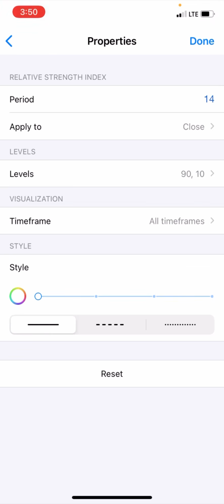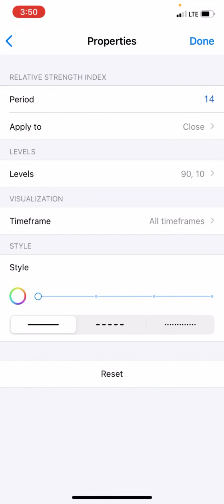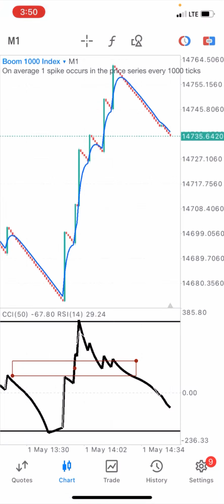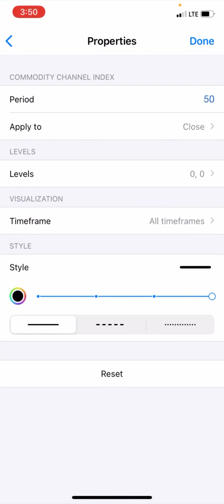For example, here, let's go back to levels. You can see that I asked us to use black because I'm using a white background. Please click done when you're done with this. And if you go back to the other one, because I'm using the white background, I'm using black here, and that's that.